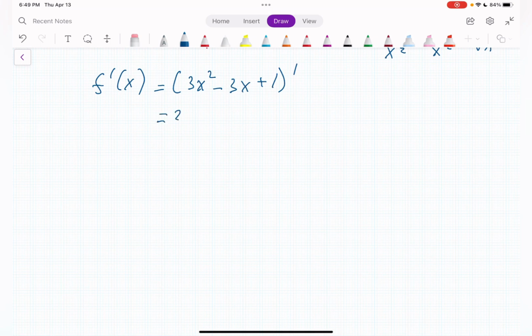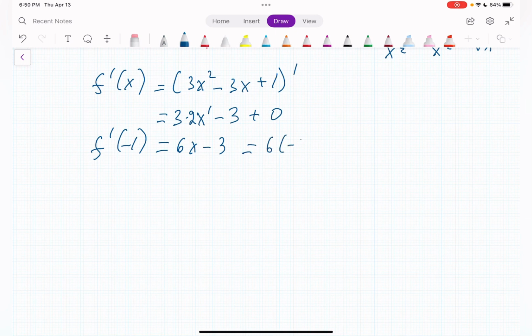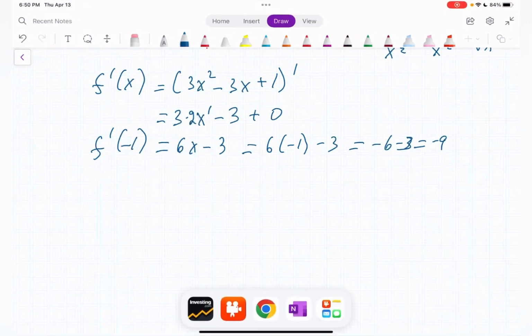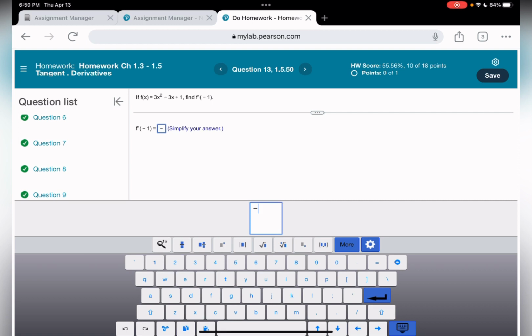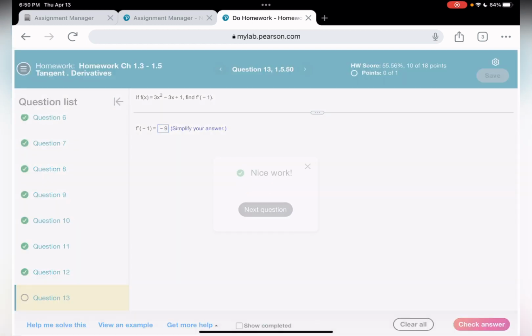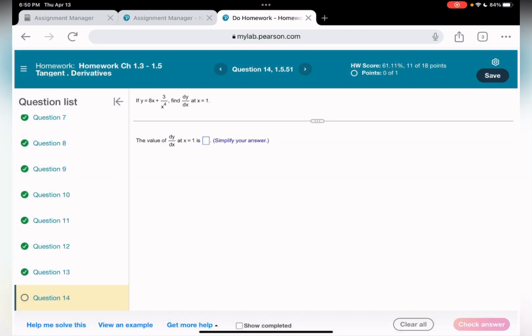So it's going to be 3 times 2x to power 1, right? Minus this is going to be 3, this is going to be 0. So we get what? 6x minus 3. So f prime of negative 1 is going to be equal 6 times negative 1 minus 3. Negative 6, negative 3 is negative 9. Okay? Bingo. Number 14.